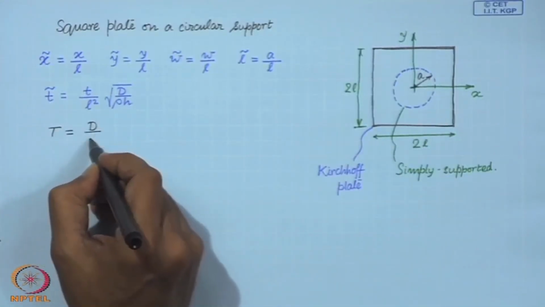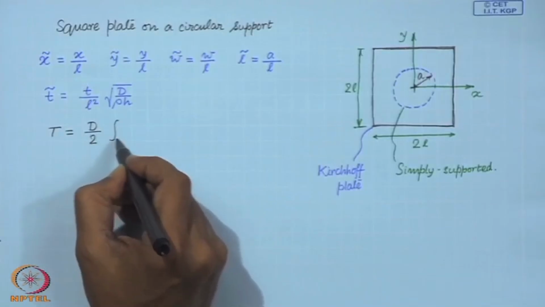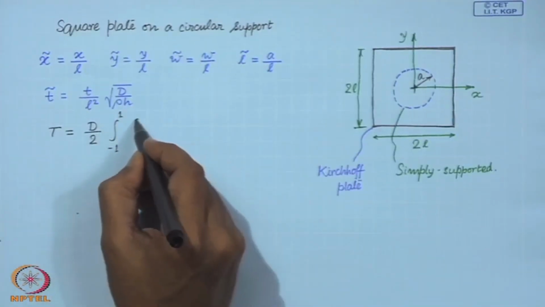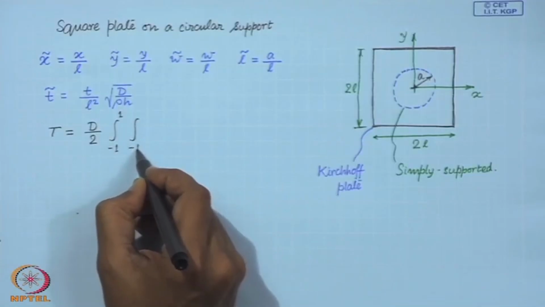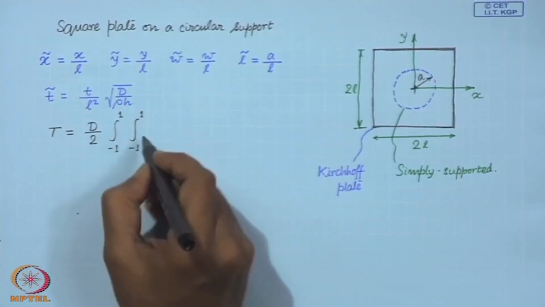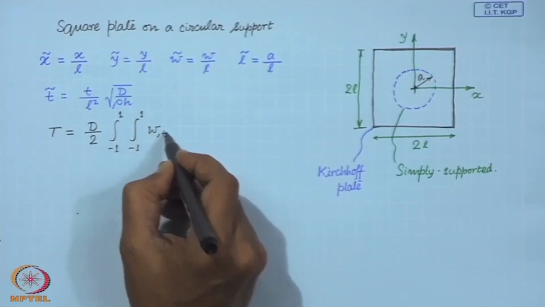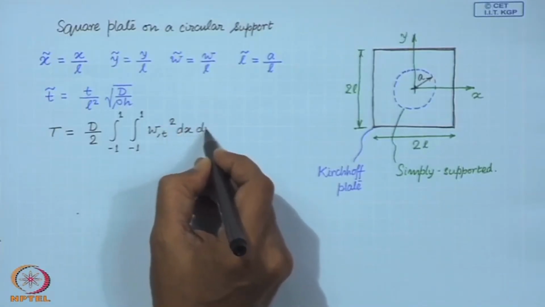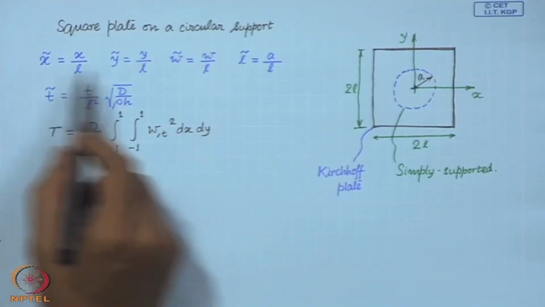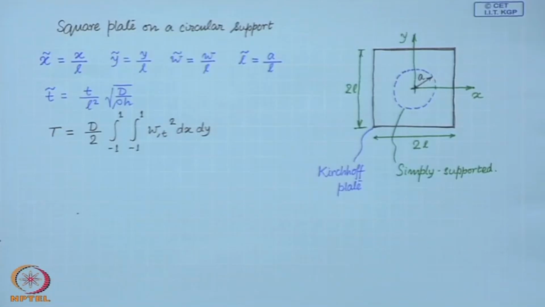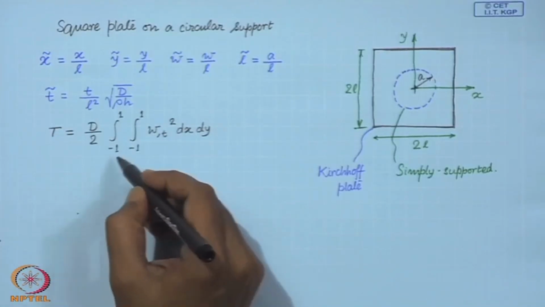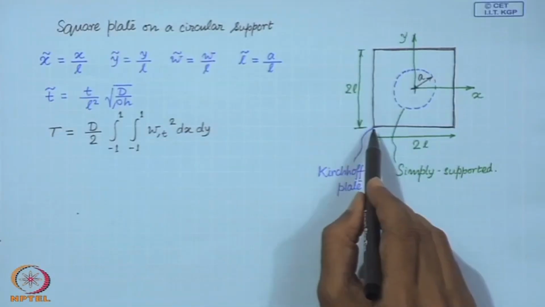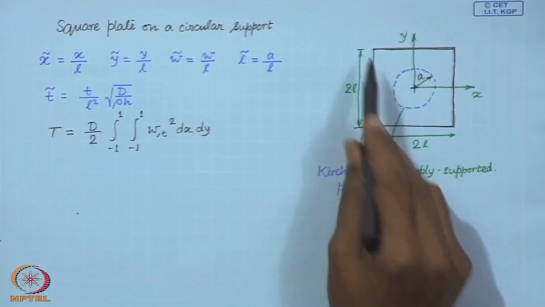So, the kinetic energy expression simplifies. These are all simplifying assumptions. I have dropped the tilde for convenience. So, here now x and the y coordinates go from -1 to +1.